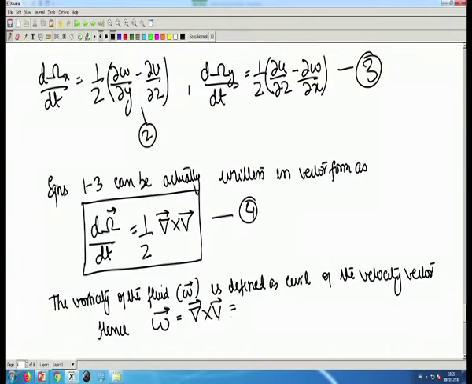so this is the vorticity definition. If you see, our angle of rotation here is half of the vorticity. It is actually half del cross V, and vorticity is actually twice of that, right. So, we can simply write 2 times.